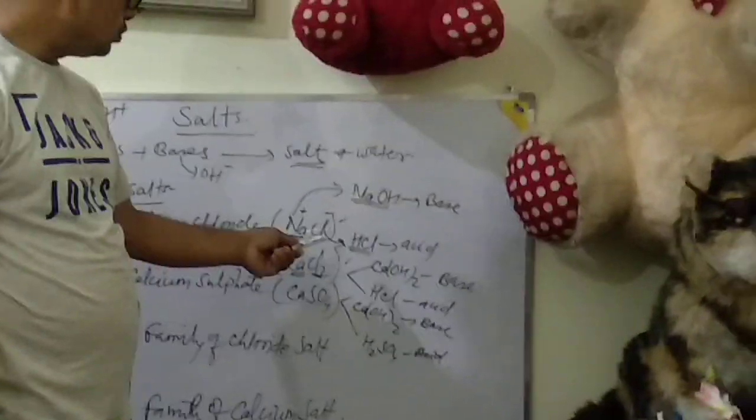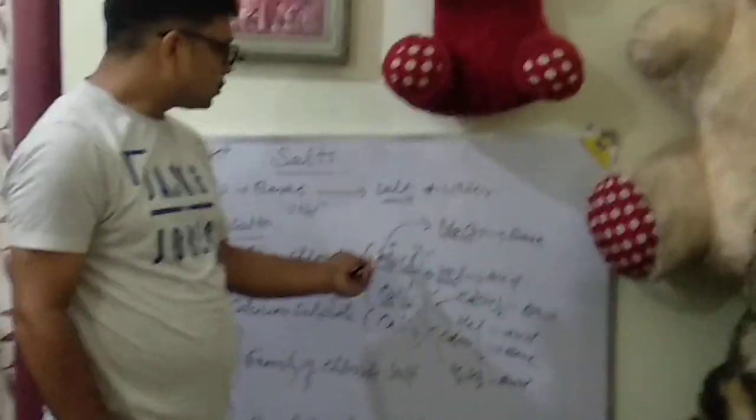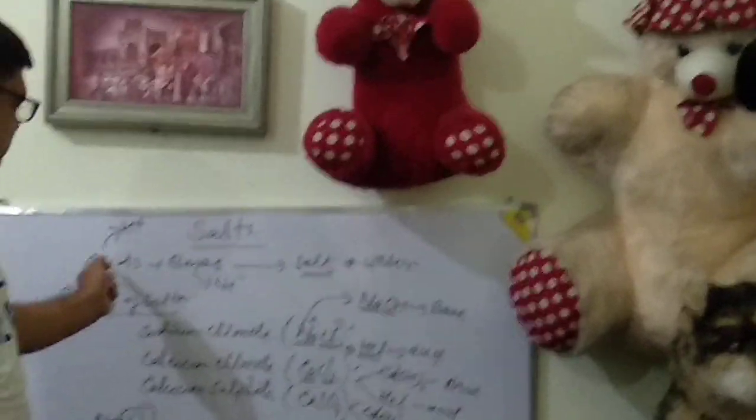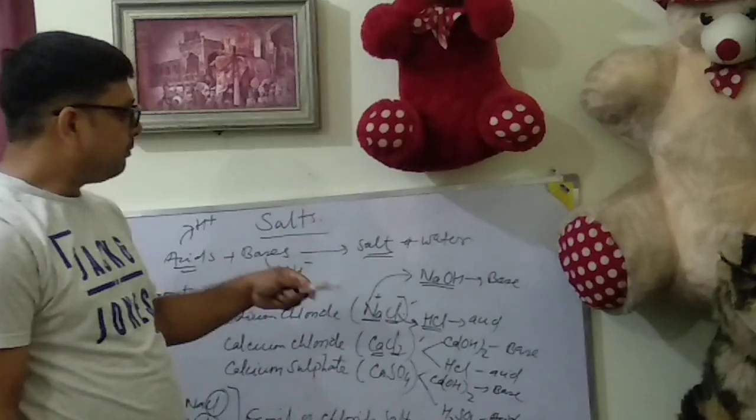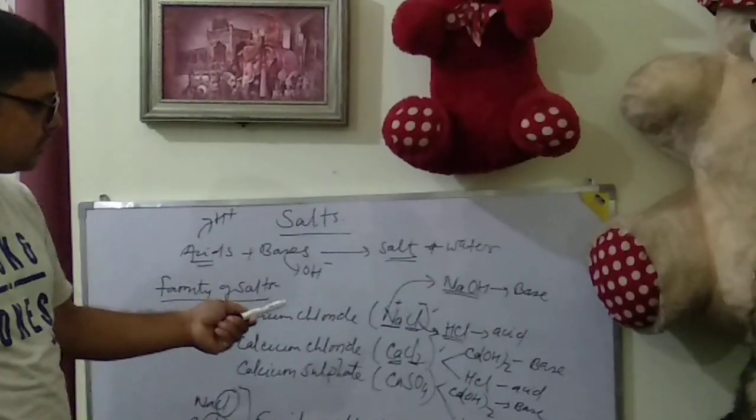Clear? Now we have already seen how salts are formed by the reaction of acids and bases. So which acid and which base are involved in the formation of these salts?